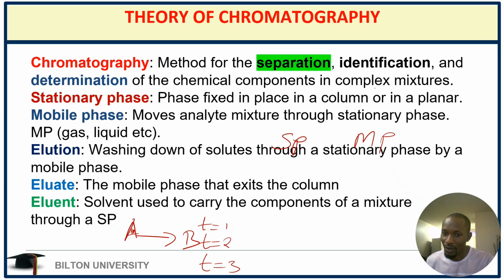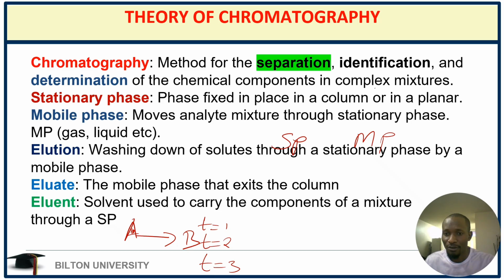The mobile phase is the phase that passes through the stationary phase as it carries the analytes or solutes or a mixture from one point to another. So we normally are going to talk about these two phases, the mobile phase and the stationary phase.